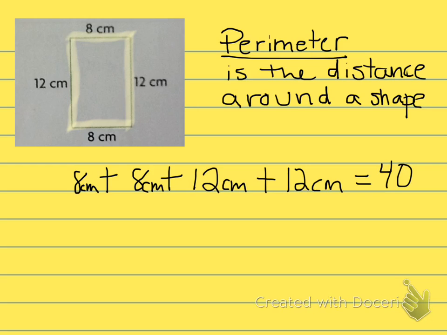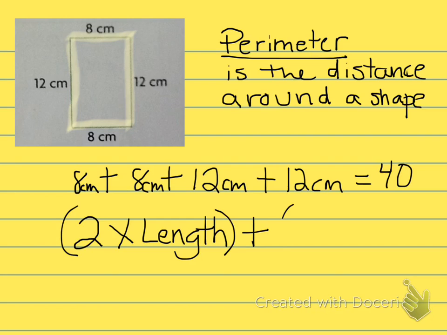Or we could use a very popular formula for the perimeter of a rectangle, and this works with rectangles or parallelograms, which would be twice the length, meaning 2 times the length, plus 2 times the width.